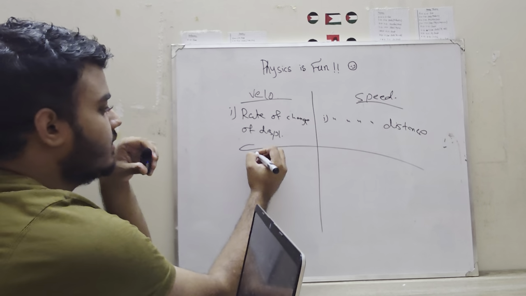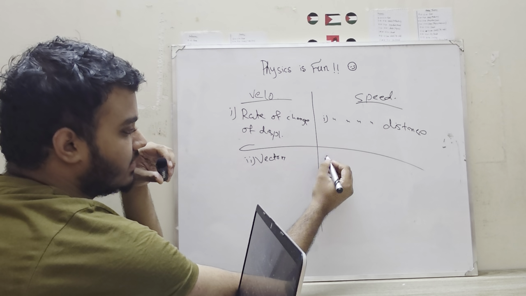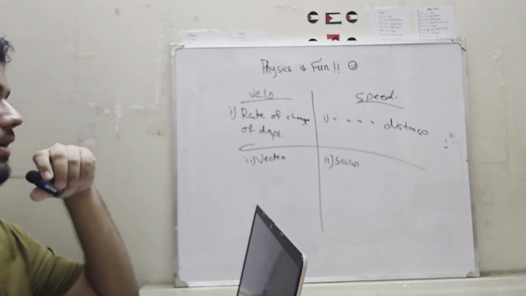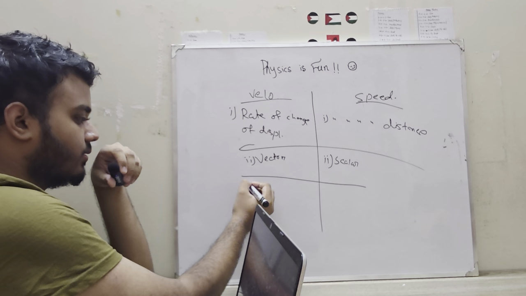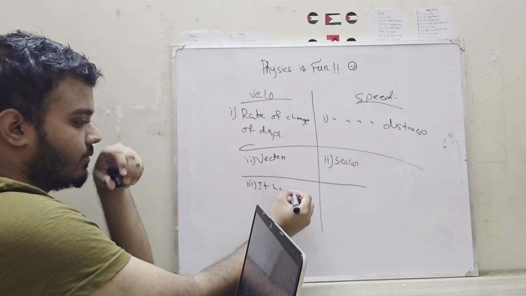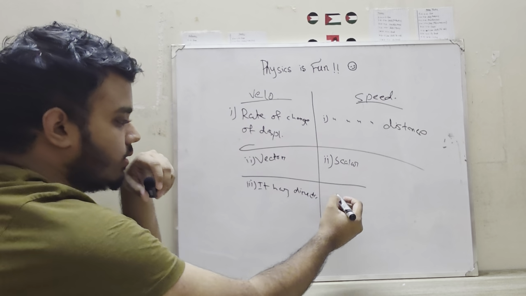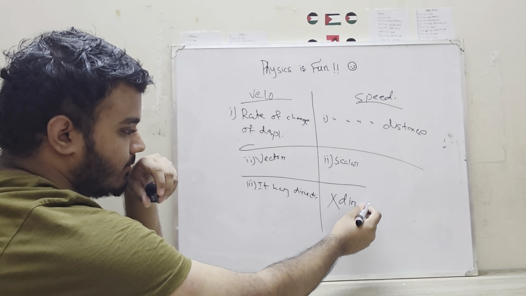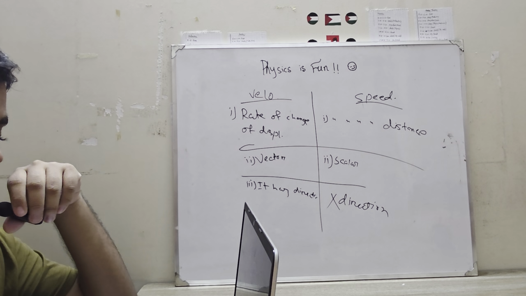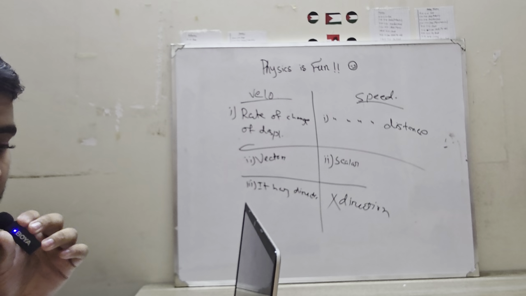Velocity is a vector quantity, and speed is a scalar quantity. Velocity has direction, speed has no direction. And that's the basic differences between velocity and speed.